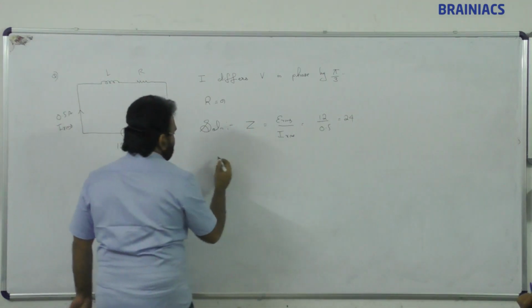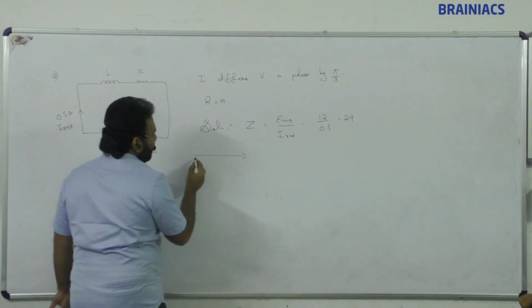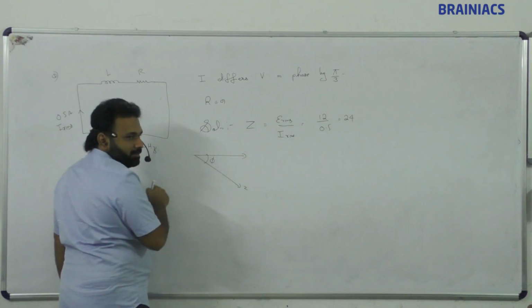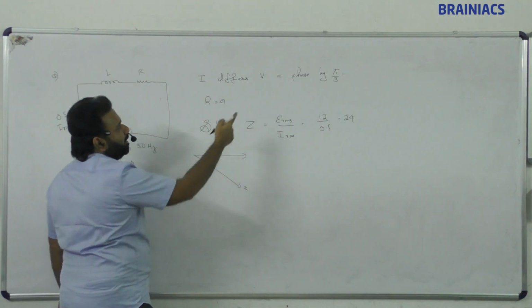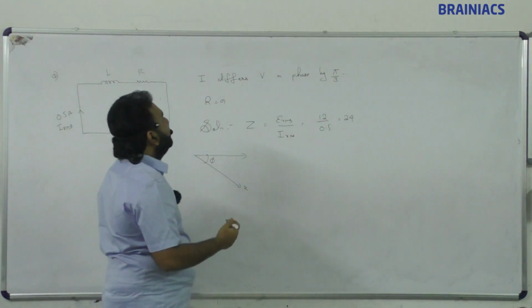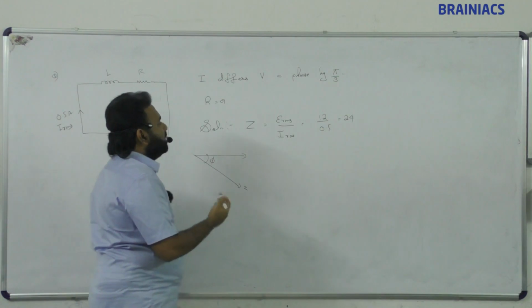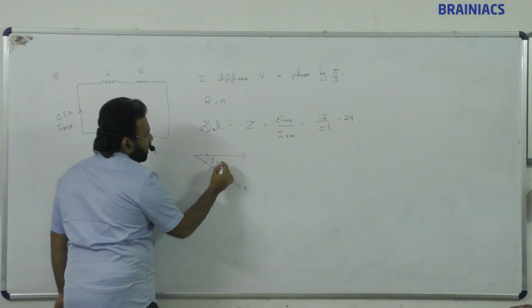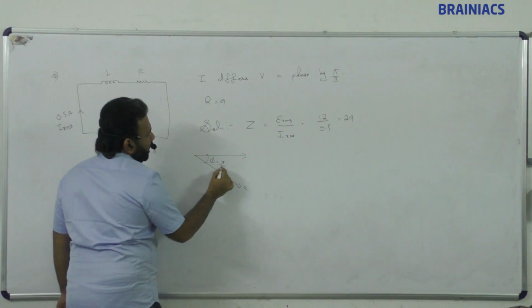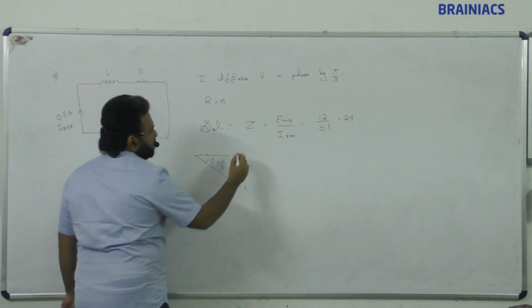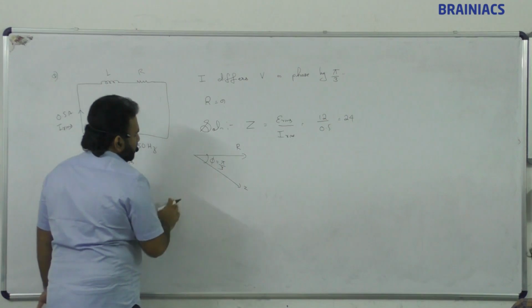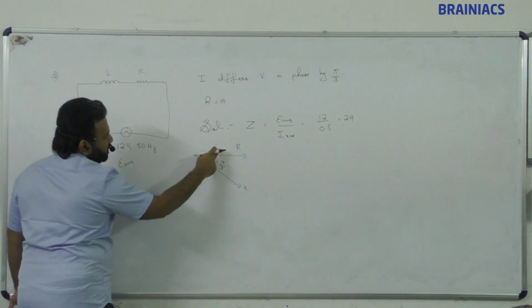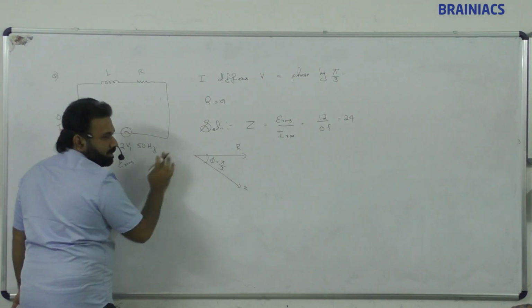Okay, what they are asking: this I differs from V in phase by pi by 3. This is R and this is Z. So this is the adjacent side and this is the hypotenuse.